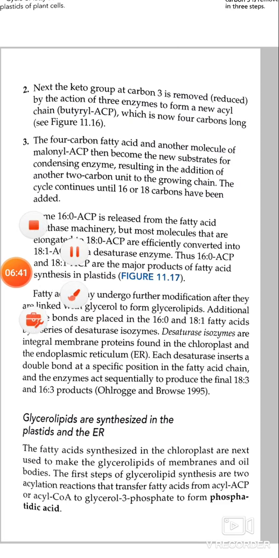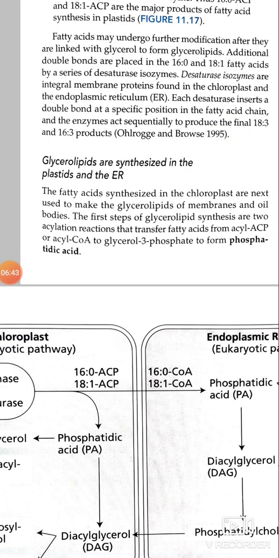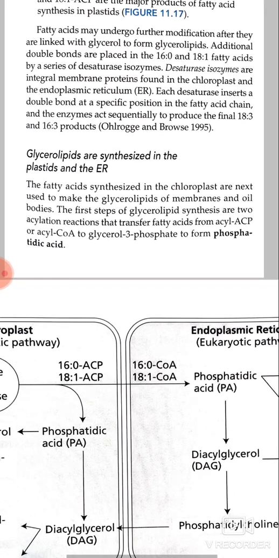Glycerolipids are synthesized in the plastids and the endoplasmic reticulum (ER). The fatty acids synthesized in the chloroplast are next used to make glycerolipids of membranes and oil bodies.